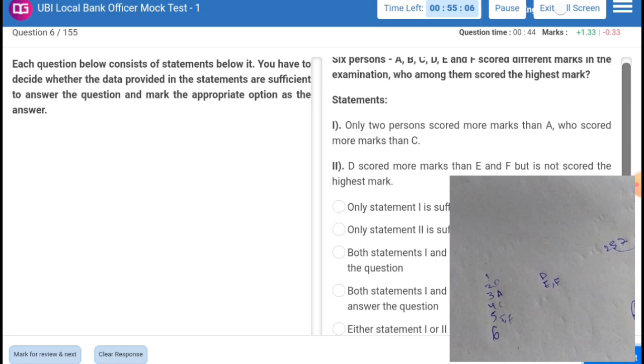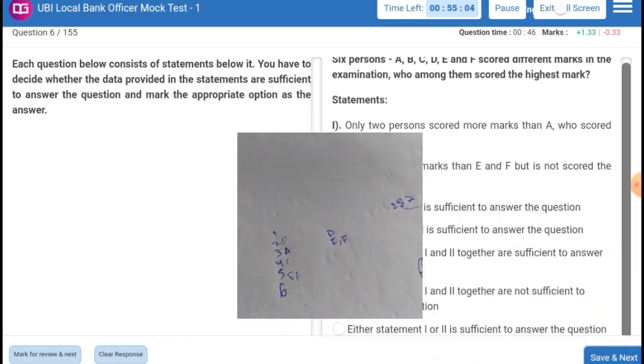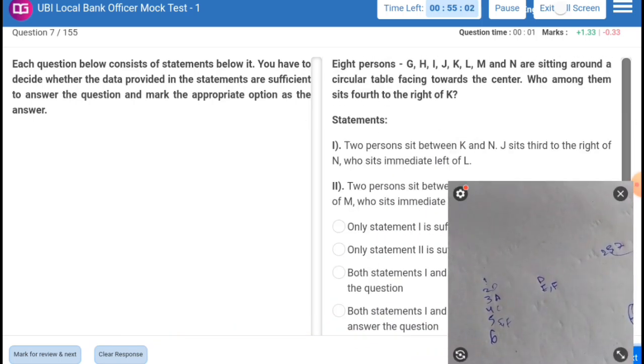So both 1 and 2 are sufficient to answer this question.